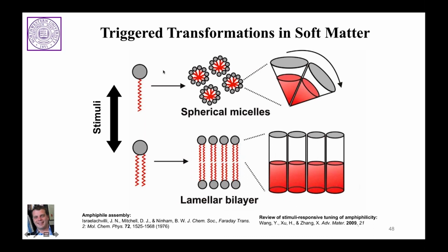Now, if we have a way of decreasing the size of the polar head group, we could potentially shift these particles from a very condensed, very small spherical micelle to a larger architecture, either a lamellar bilayer, the liposome that I showed you on the previous slide, or some more complex network morphology. And that's exactly what we envisioned, whether or not we could use specific biochemical signals to initiate changes in phase to get changes in shape.